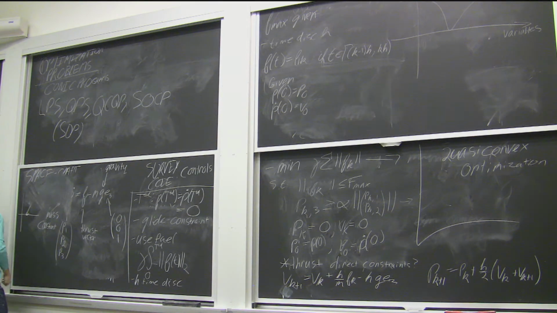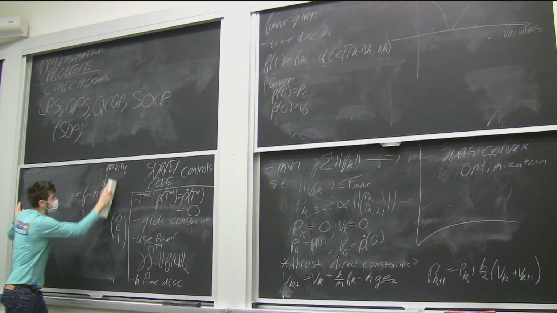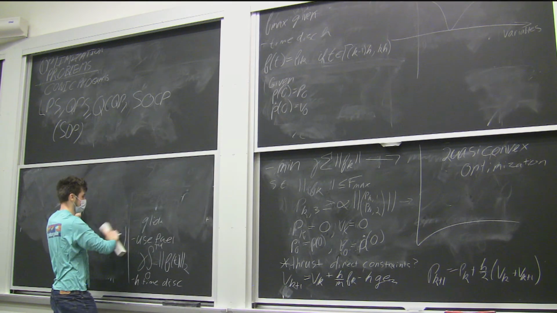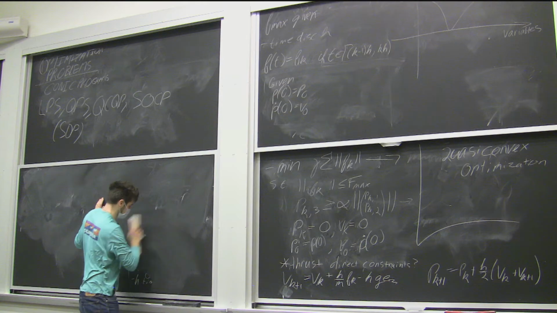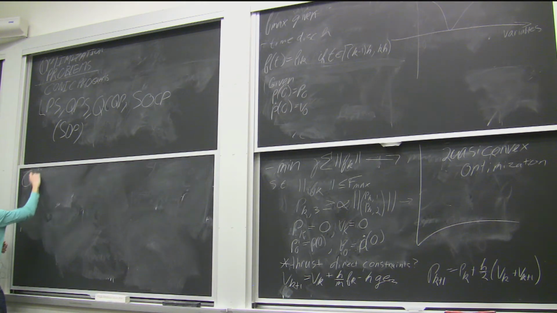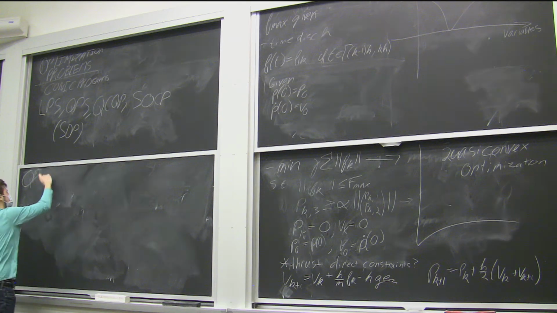Okay, so we already know the definition of an LP. A QP is a fancy least squares problem.